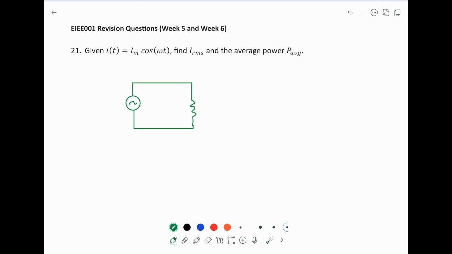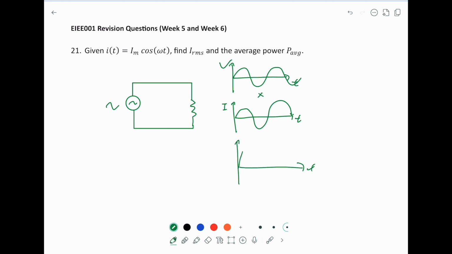Consider an AC signal across a resistor, and if we look at the V and the I across the resistor, we'll find they're in phase. And if you look at the power, we'll find it will look like this, because negative multiplied by negative equals positive. Now the power is fluctuating, so we want to find the average power.